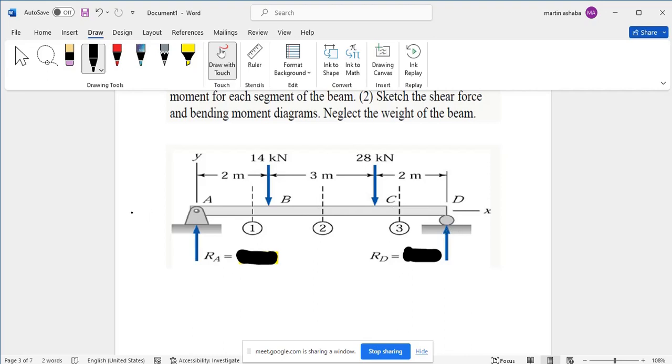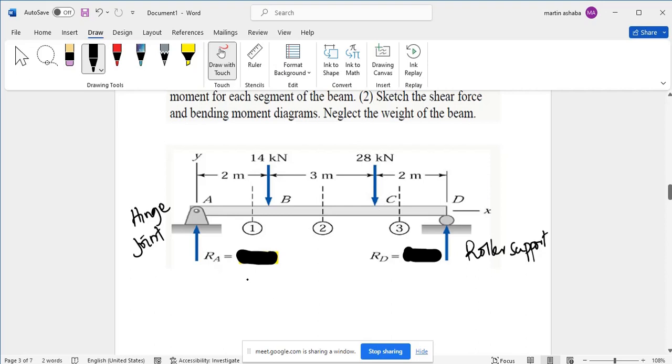So this one is a hinge joint. Then this one is a roller support. Now, at B, there is a concentrated load of 14 kilonewtons, then 28 kilonewtons at C.